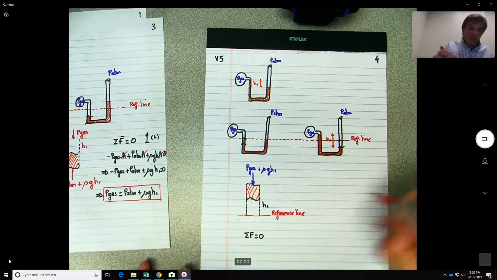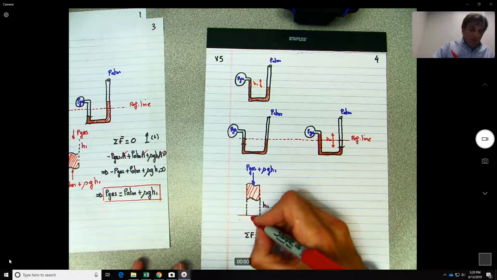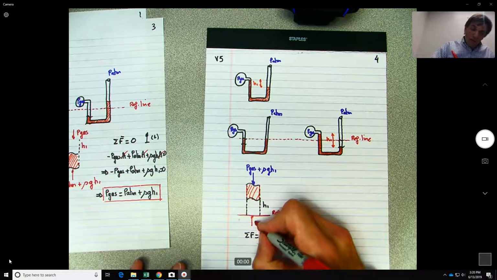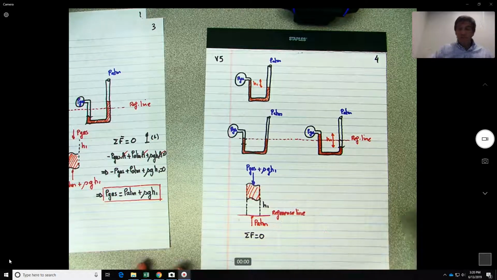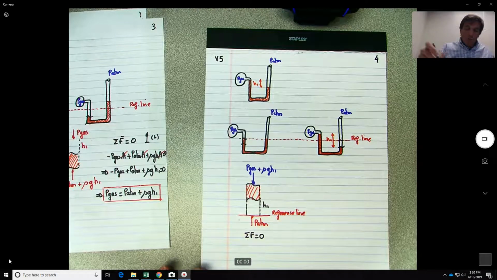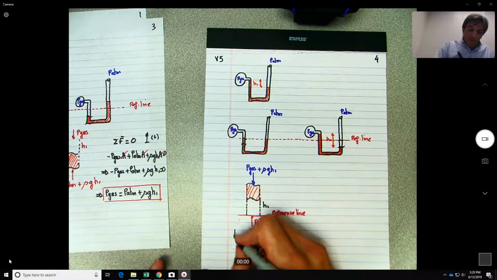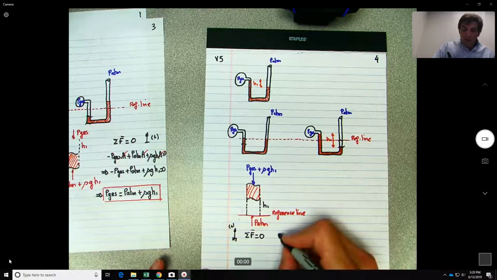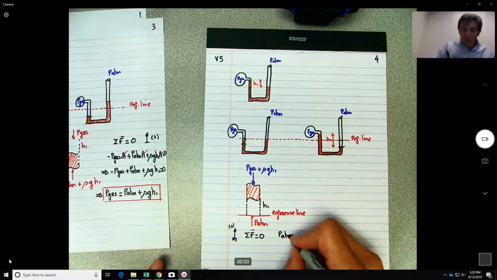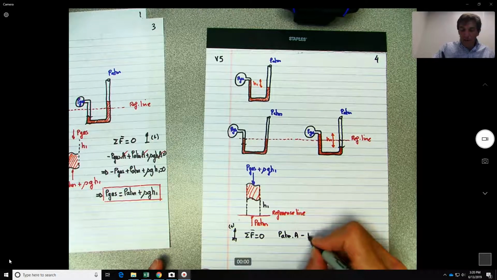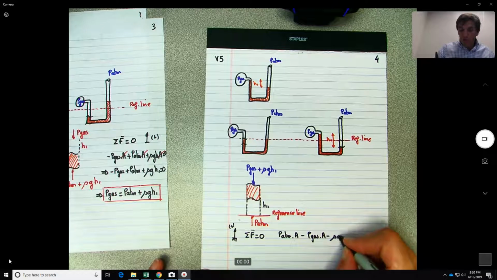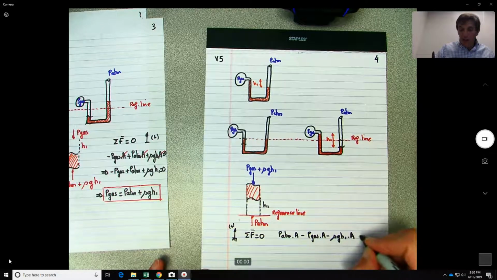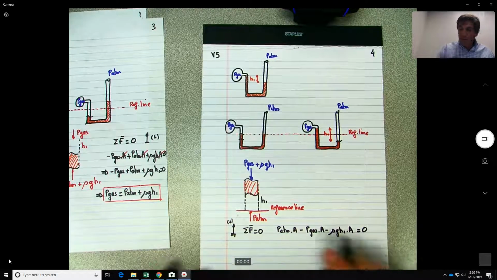And then on this side, you will still have the P atmosphere acting at the reference line. So by doing so, what do we have? P atmosphere times A minus P gas times A minus rho g h1 times A equal to 0.